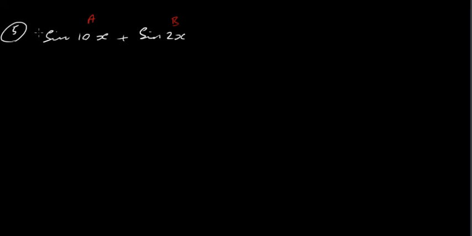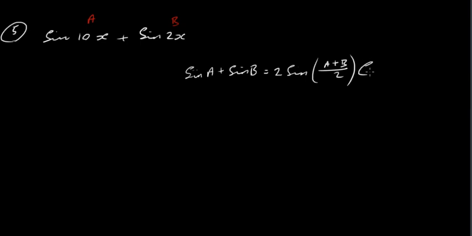It's sine A plus sine B, which is exactly what we want, is equal to twice sine of A plus B over 2 cos A plus B, sorry, it's actually A minus B, A minus B over 2. So that's what we're going to use.